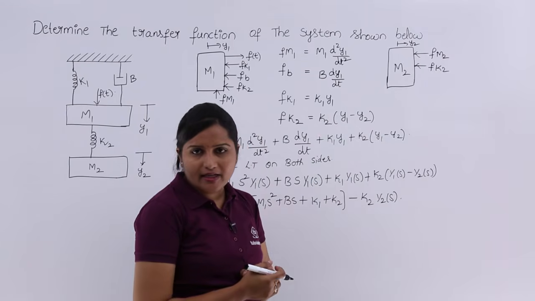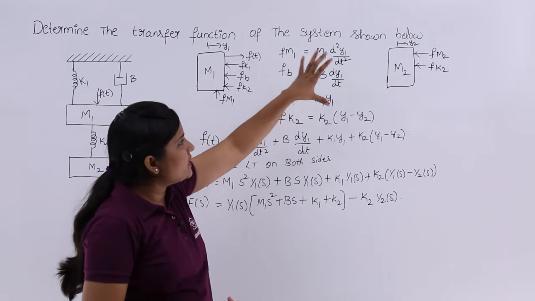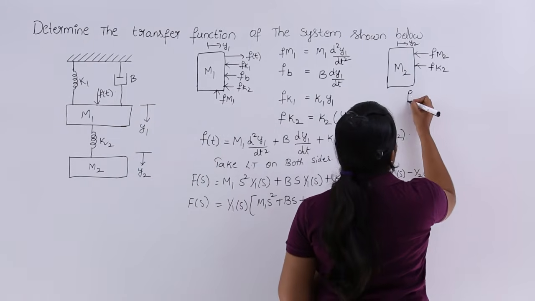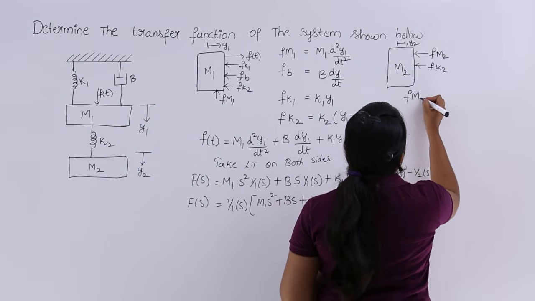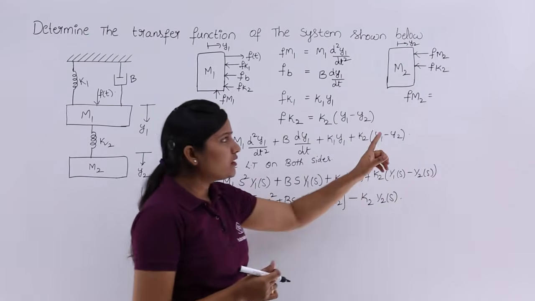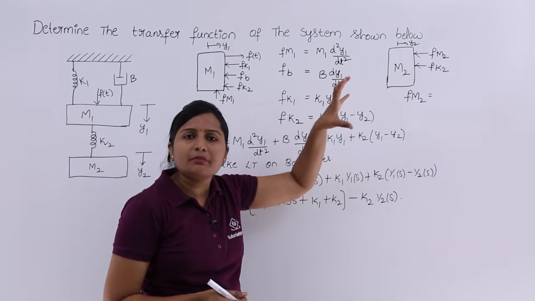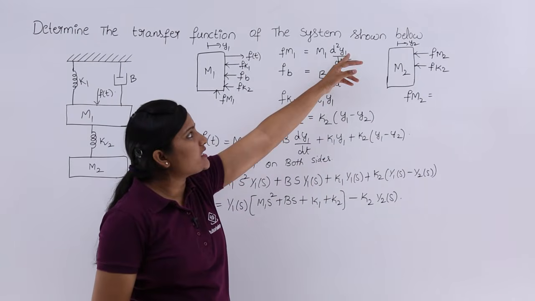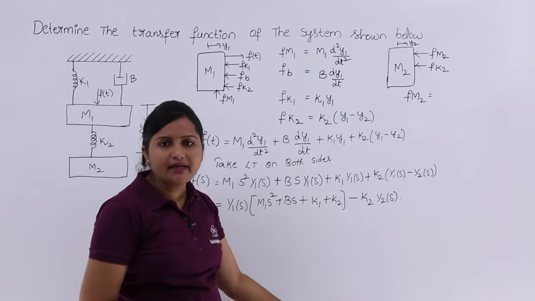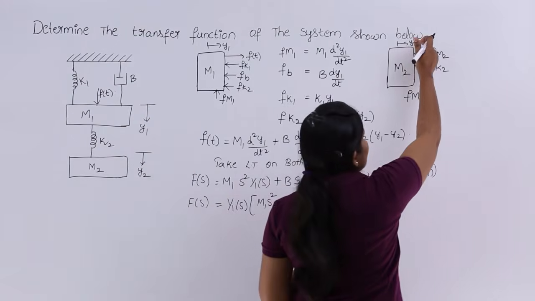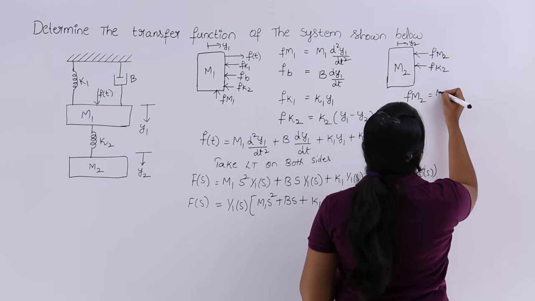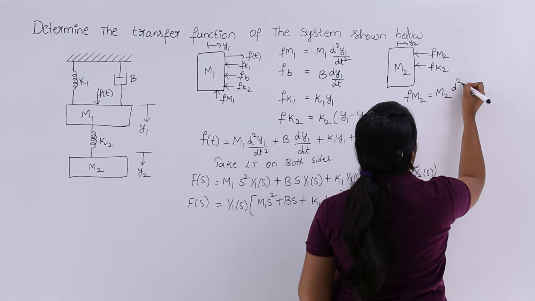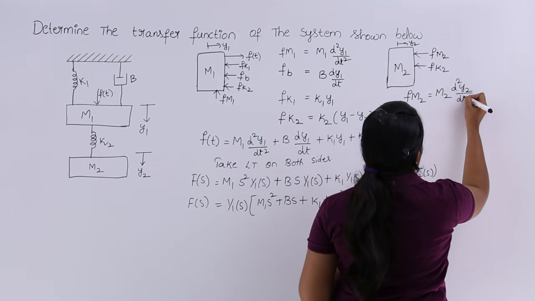I have drawn the free body diagram. Similar to before, I need to ensure the mass elements. Whenever we write the equation for the force of a mass, you need to relate it to acceleration. Acceleration means d square displacement by dt square. Here displacement is y2, so the mass coefficient is m2 and the acceleration is d square y2 by dt square.